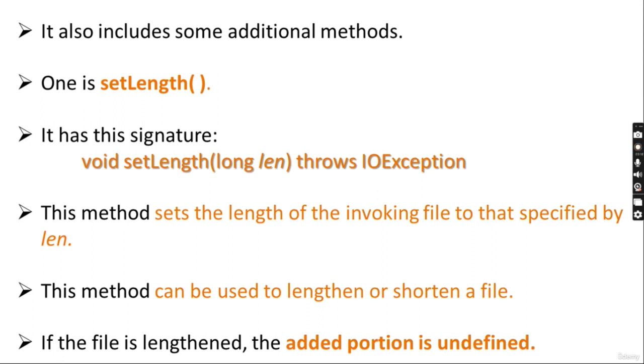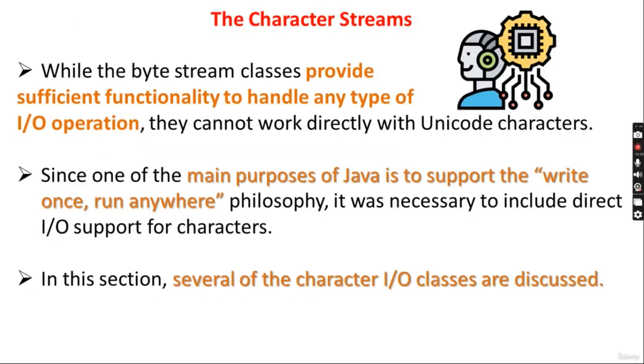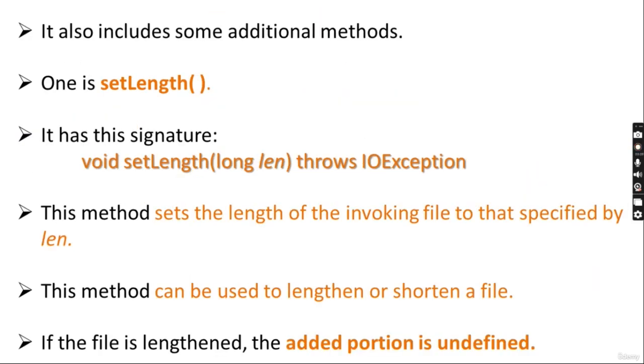This method can be used to lengthen or shorten a file. If the file is lengthened, the added portion is undefined. If you are shortening, then the extra content will be truncated, and if you are lengthening, then the added portion is undefined.